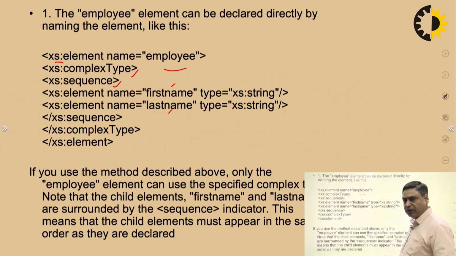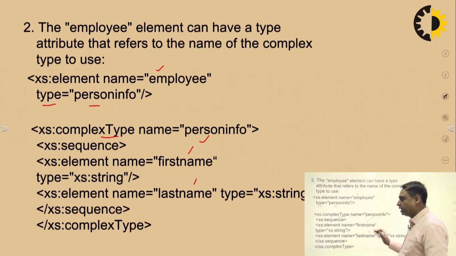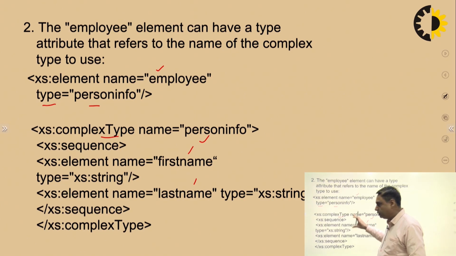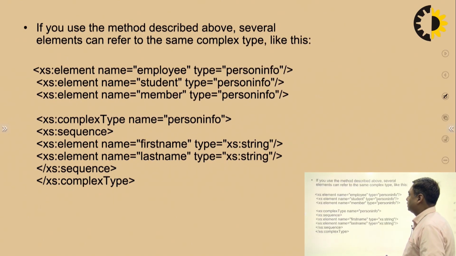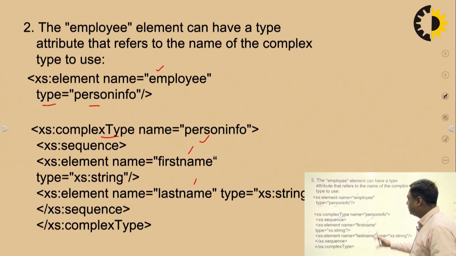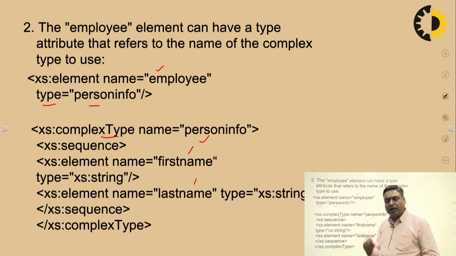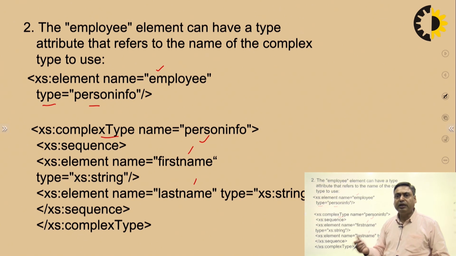This is the second way to define the XML schema for the XML file. This is the first way. Here no type is mentioned. This is the second way. Here the type is mentioned. We have a user defined type, which is already given in type equal to person info. Next, if you are using the second option, it gives flexibility, because the first name and last name can be used anywhere, not only for employee.